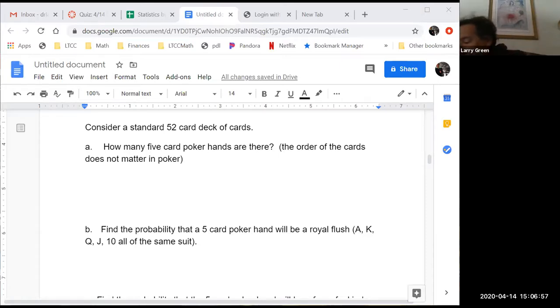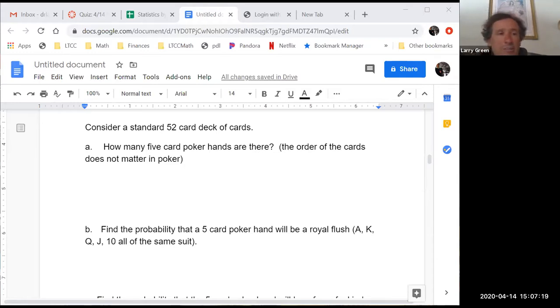Well, so is this one. So here's what we're not going to be able to do. We are not going to be able to count all the 5-card poker hands like we did the letters of Lake Tahoe Community College, which you could actually count out. There's no way you can count all the 5-card poker hands.